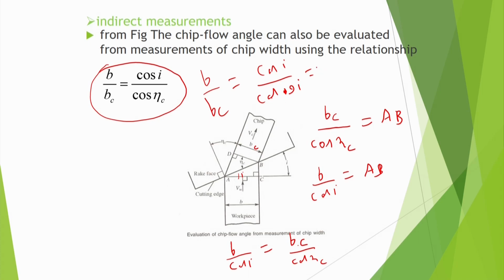Therefore this entire thing is less than 1. So that means B is less than BC.